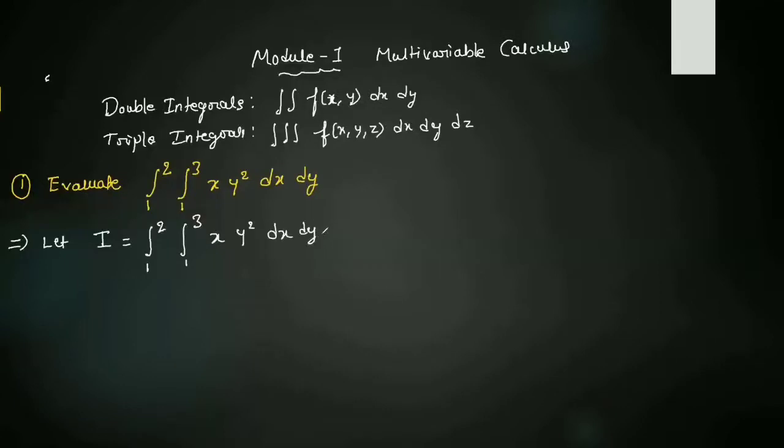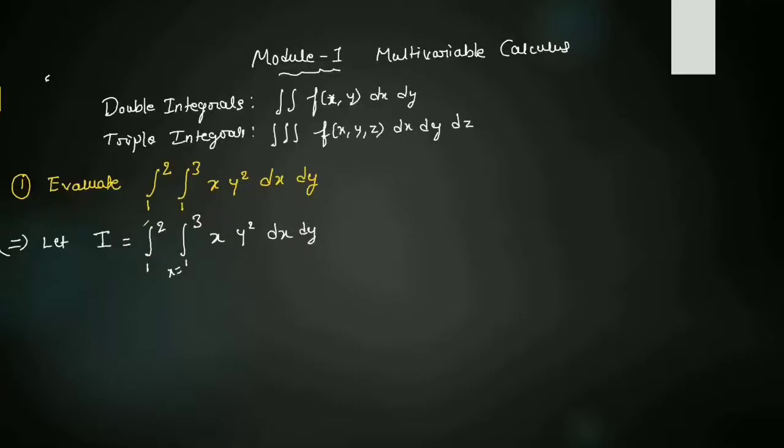Okay. Now the first question is, with respect to what will you integrate first? X, because we have dx here. When there are limits, we need to understand that if the first integral is dx, then the first integral's limits vary from x equal to 1 to 3, because the first integral is with respect to x.